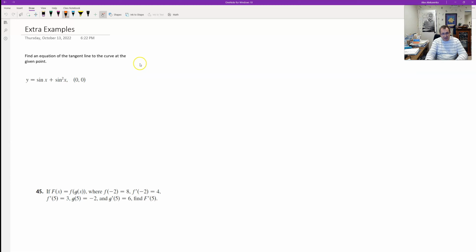Now, just to recap, if we have a point x0, f of x0, then the tangent line has the following equation: y minus f of x0 equals f prime of x0 times (x minus x0).